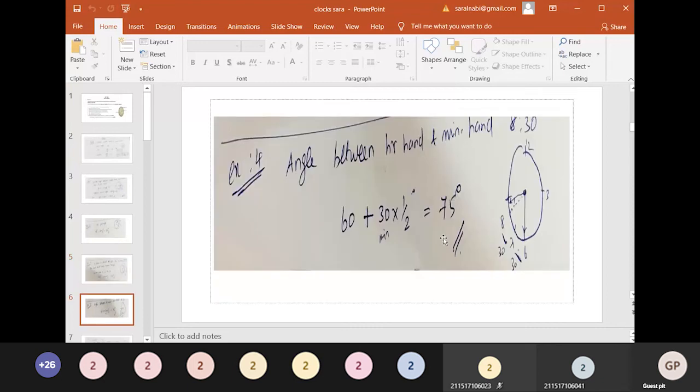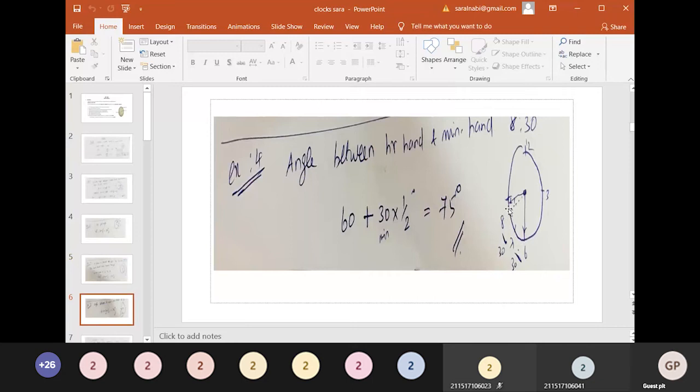How will you find out the angle between hour hand and minute hand? And here you can see the angle between the hour hand and minute hand when the time shows 8:30. So here you can consider 8:30 like this. So the angle between 6 to 7, 7 to 8, 30 plus 30, 60 degree.